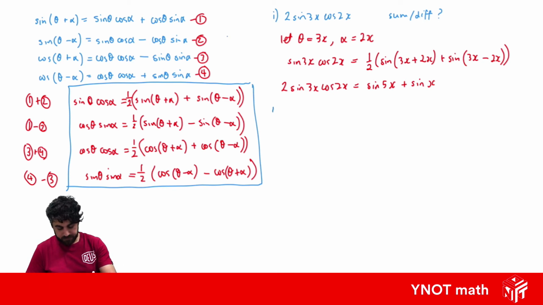What about another example? Taking cos 6 theta times cos 3 theta and expressing it as a sum or difference. Now here, we've got a cos times a cos term. So we need to use this formula here.